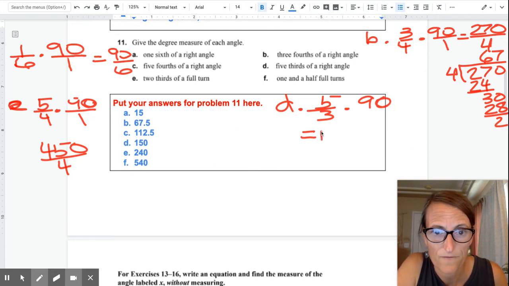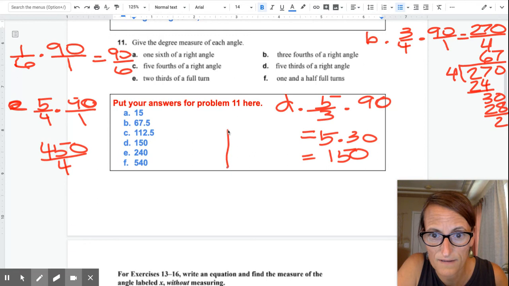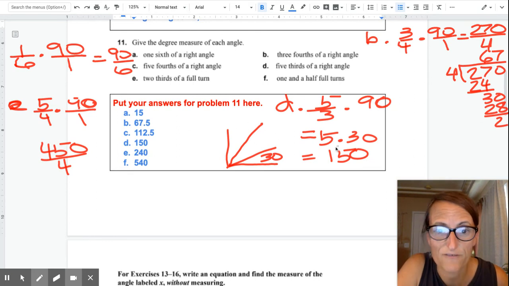So then 5 times 30 is 150, right? If you have a 90-degree angle and you're finding 1/3, then each third is going to be 30. Another 30 and another 30. So if you have 5 of those, then it's 150.